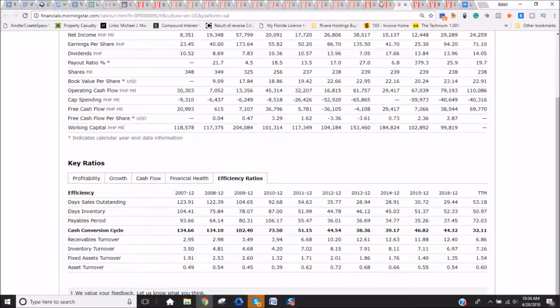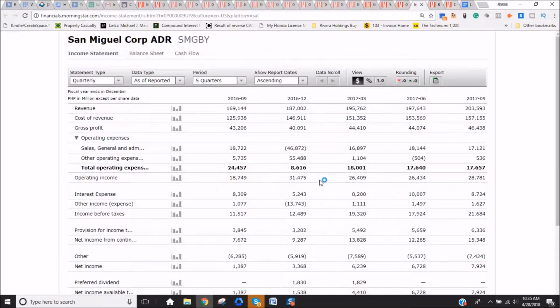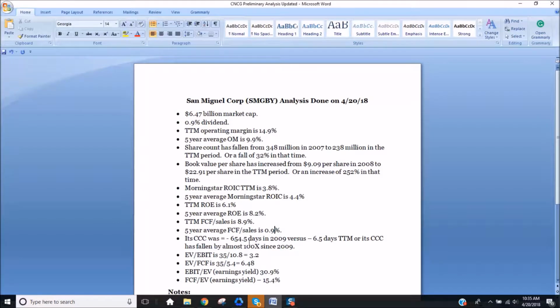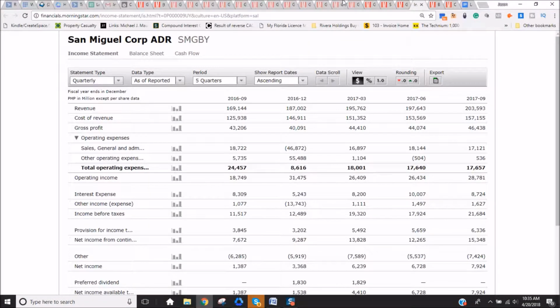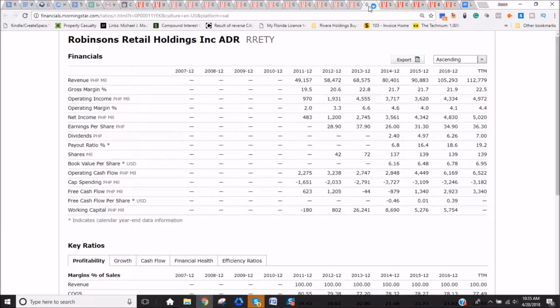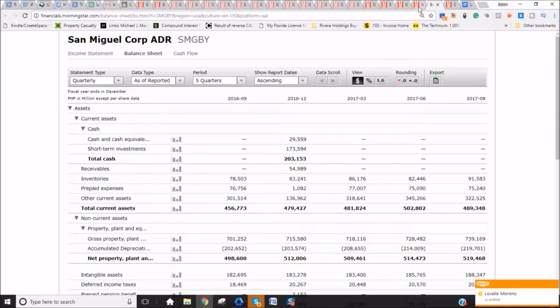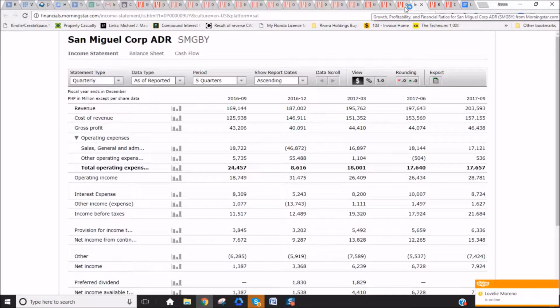So 134.7. 2007. Let's make sure that is right, because I know some of these are off. Where are we at here?